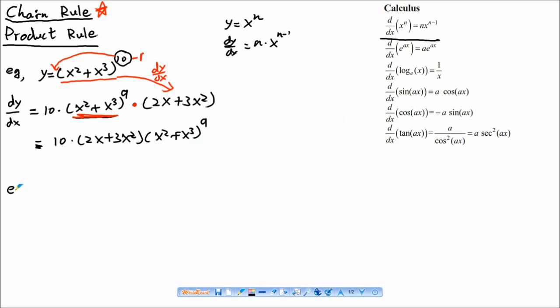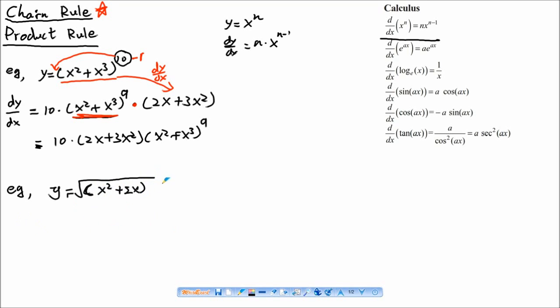So assume I have a question like this: y equals square root of bracket x squared plus 2x bracket.